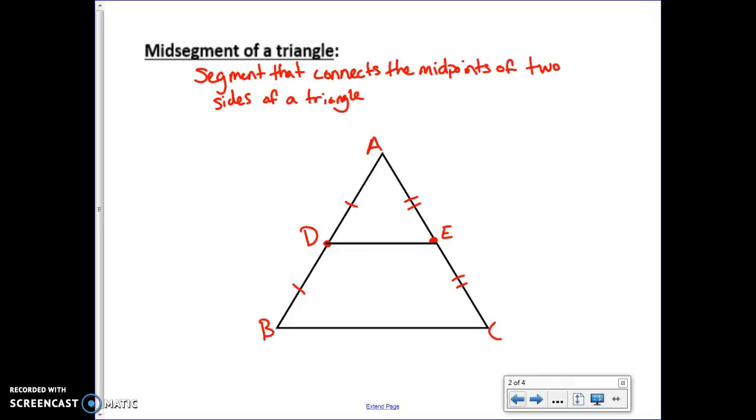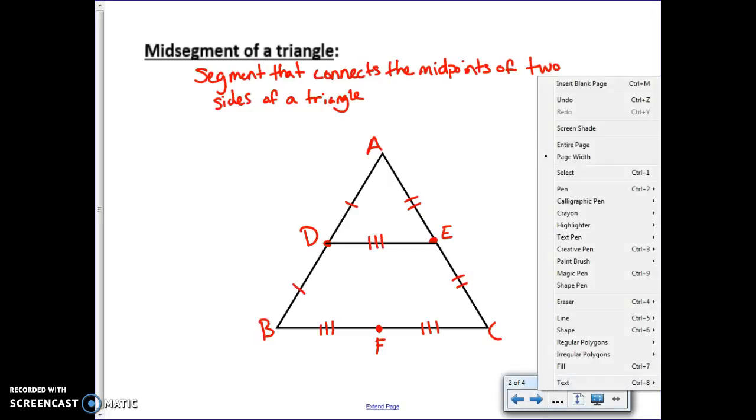Another really cool thing, though, is if it's half the length of BC, then if I found the midpoint from B to C, and again, I'm just eyeballing there, I'll call it point F. Let's put 3 tick marks there. So if DE is half of BC, then it should be the same length as BF or as FC.